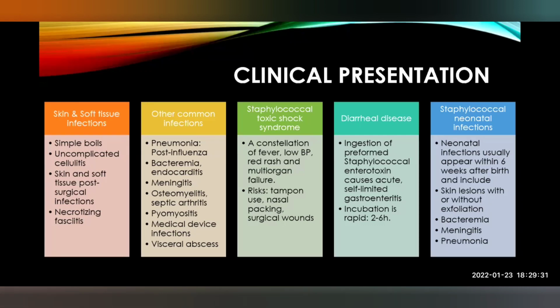It is the most common cause of skin and soft tissue infection, which can include simple boils to complicated cellulitis and surgical site infection, and the severe form, including necrotizing fasciitis. Other infections include pneumonia, especially seen in the post-influenza state, bacteremia, endocarditis, meningitis, and it's one of the most common cause of. I request all of you to mute yourself.